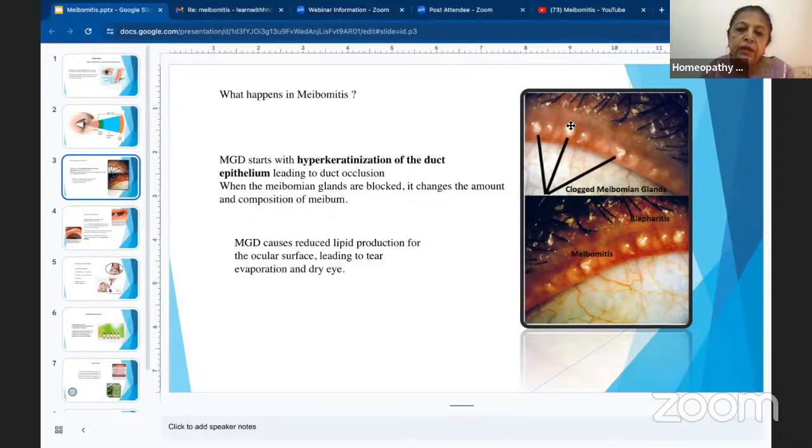Whatever secretion is there in the Meibomian glands stays inside and doesn't come out. You can see this by examination, especially on the slit lamp. The patient also has a discharge, with lots of oily material outside.